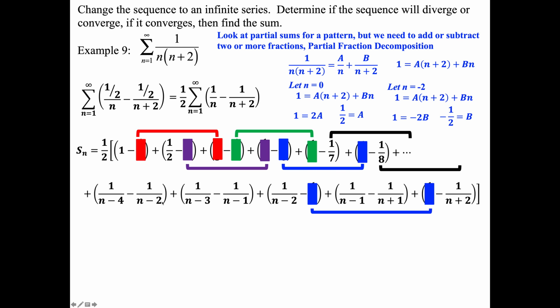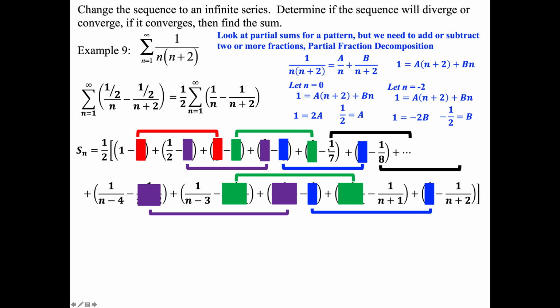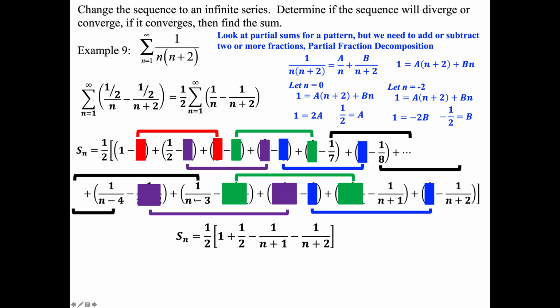I don't see any other n plus 1, so let's look at n minus 1. Here's an n minus 1, minus, plus. Those two cancel. n minus 2 plus, n minus 2 with a minus fraction. Those two cancel. And just like with the minus 1/7 and the minus 1/8, those found someone to cancel with. So will the 1 over n minus 3 and the 1 over n minus 4. They'll find someone to cancel.